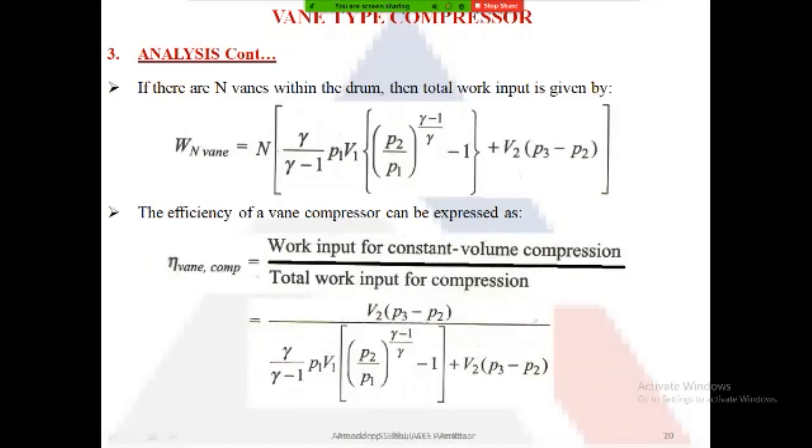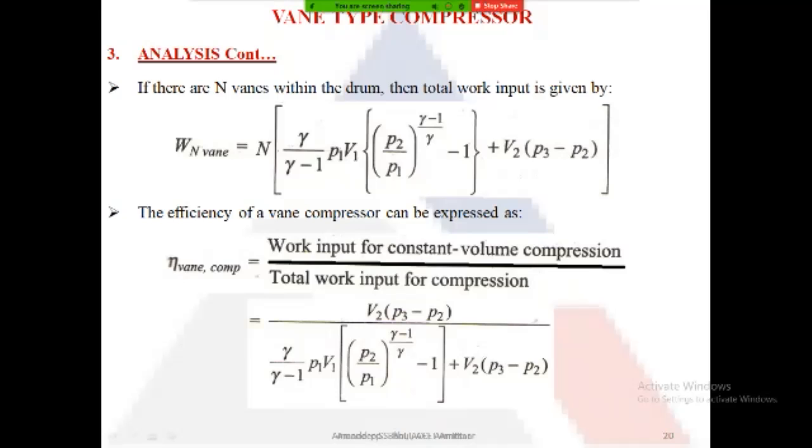Okay, this is clear. Now the efficiency of a vane compressor is given by the work input for constant volume compression divided by the total work input. This means how much work we have done during the constant volume compression process divided by the total work input during both the compression processes.